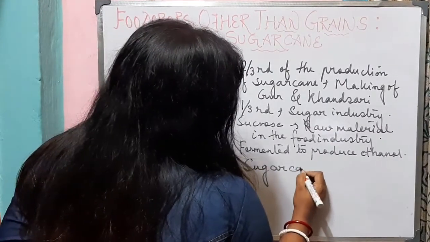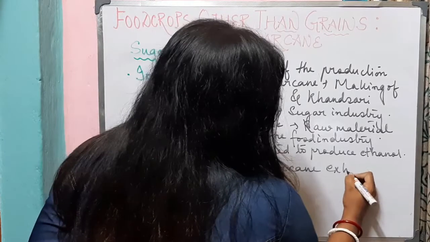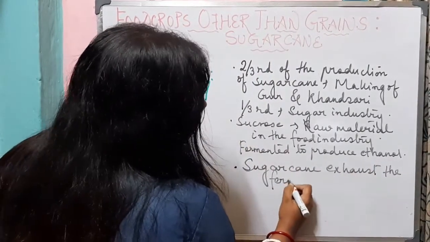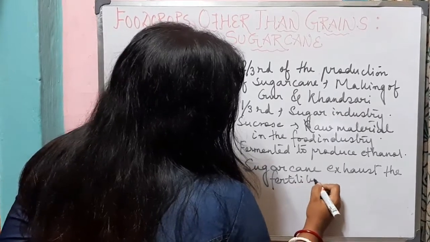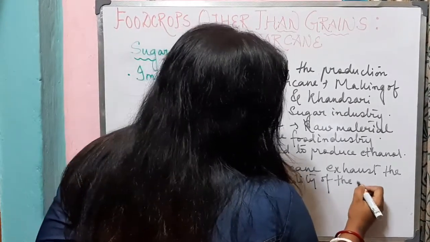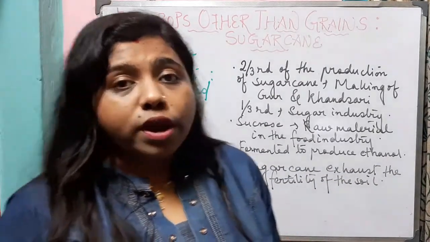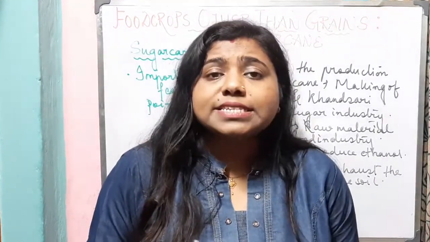Now, sugarcane exhausts the fertility of the soil. So, the sugarcane exhausts the fertility of the soil so quickly and so extensively.